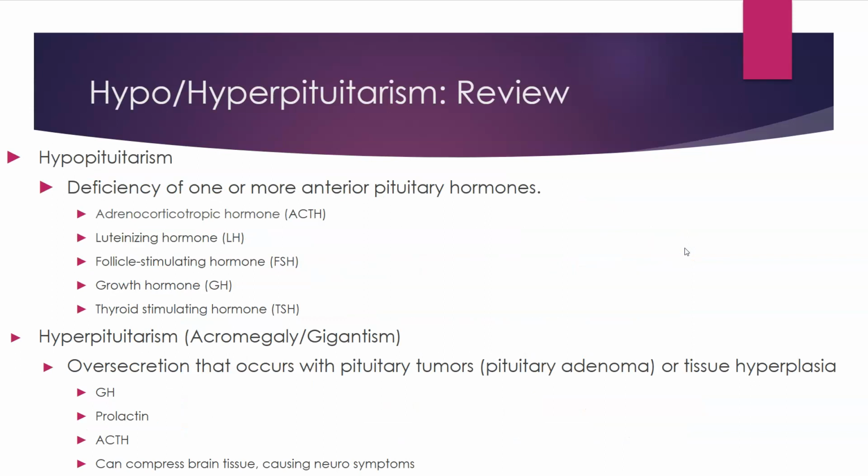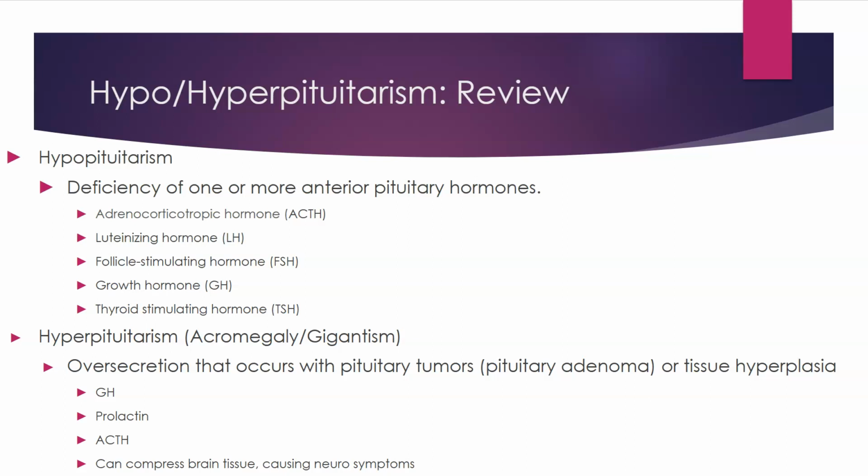So hypo or hyperpituitarism. Hypo is the deficiency of one or more of the anterior pituitary hormones. So this could be your adrenocorticotropic hormone, luteinizing hormone, follicle stimulating hormone, growth hormone, or thyroid stimulating hormone. Hyper is the opposite of that.